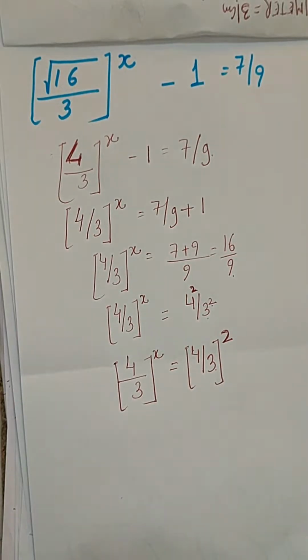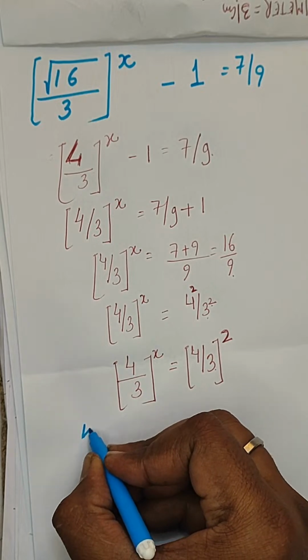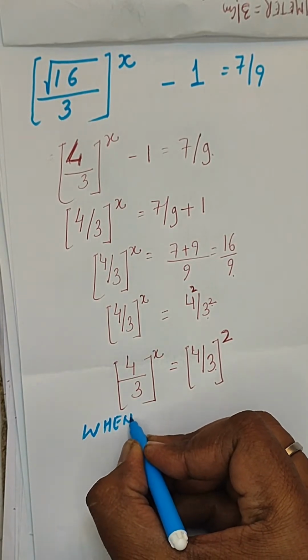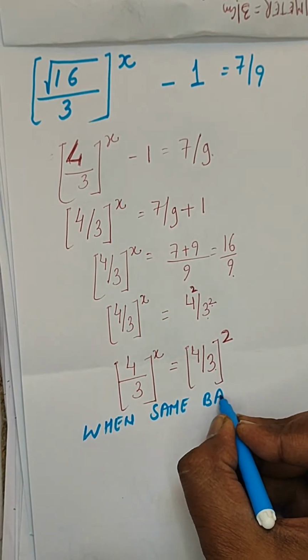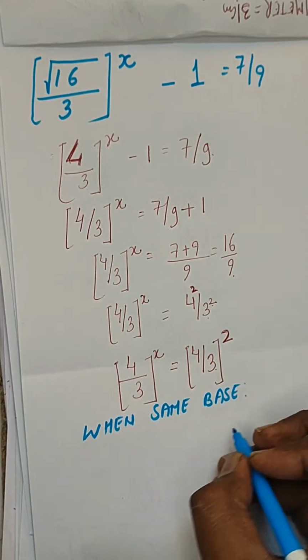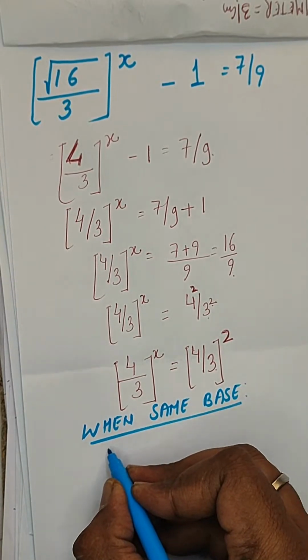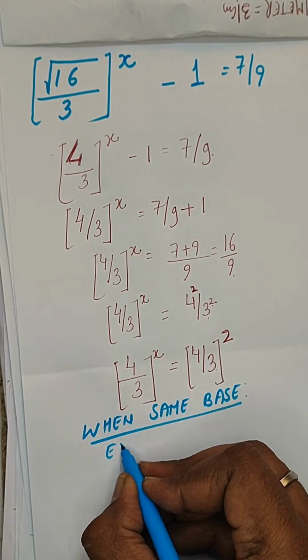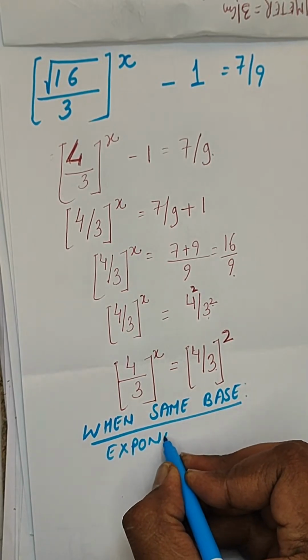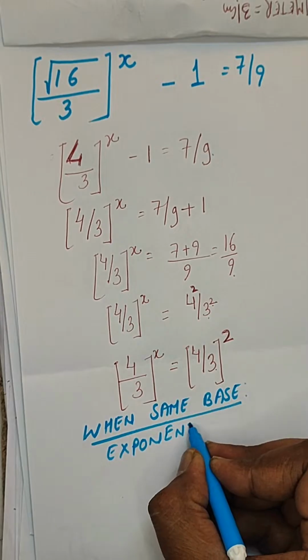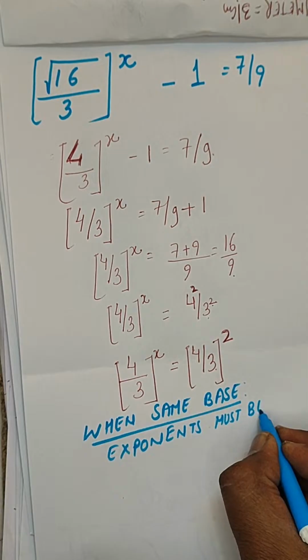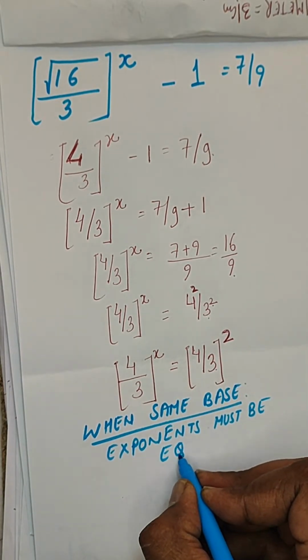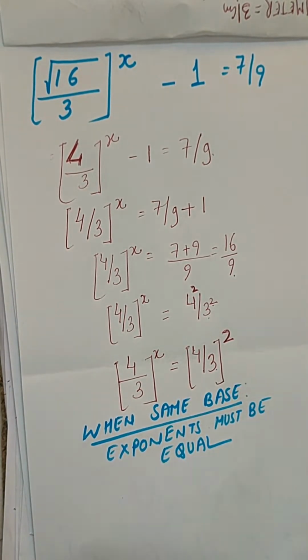We know the formula that when the bases are the same, then on equating, the exponents must be equal, right?